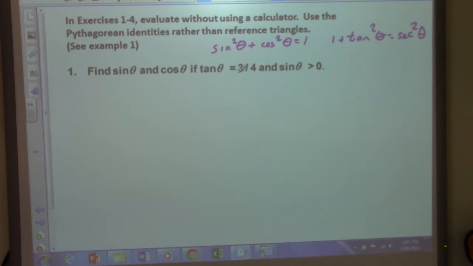Okay, and we are given already something, aren't we? What are we given in here? Tangent. So I'm going to write this as 1 plus tangent squared theta equals secant squared theta. Okay? So what can we do to solve this equation now?